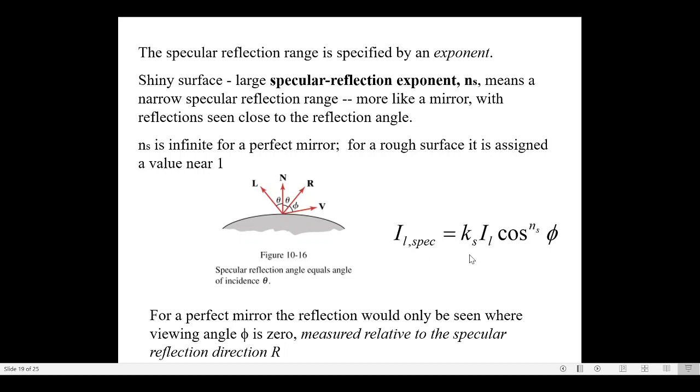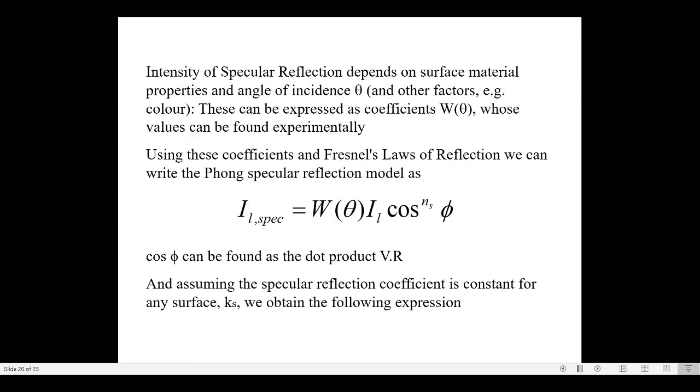Ks is the reflectivity of the particular surface. Il is the intensity of incident light. Now we can rearrange this cos phi term. The intensity of specular reflection depends on the surface material properties and the angle of incidence theta.